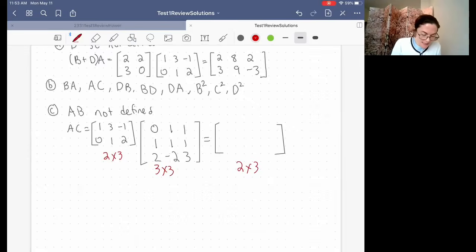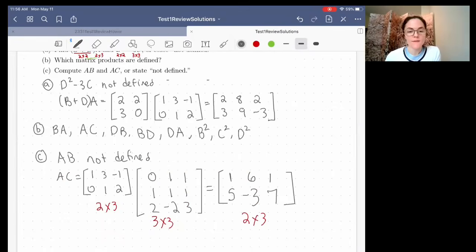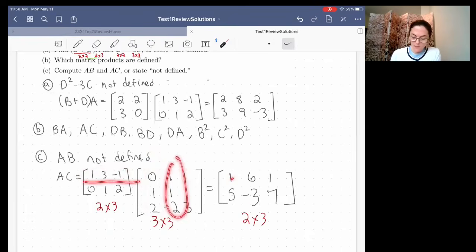So let's do this here. Here I have written A times C, but let's talk about it because I didn't show the steps in the video. What did I do? I took this row, dotted this first entry, row dot column, second entry, row dot column, third entry, right? This is how we multiply two matrices.